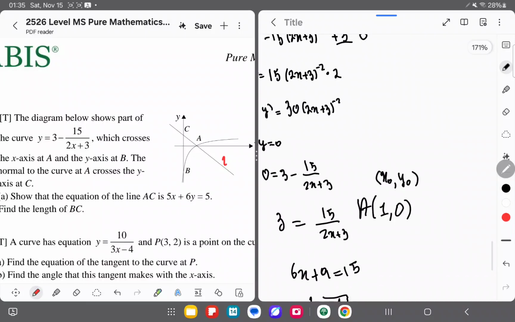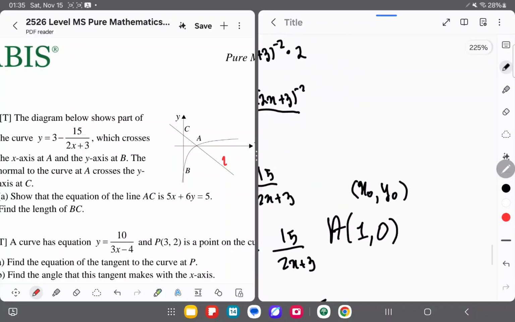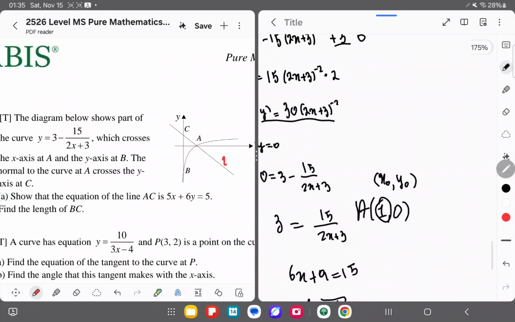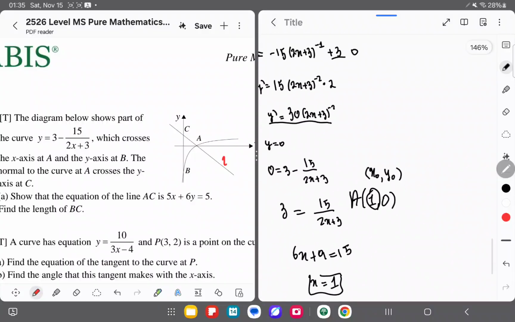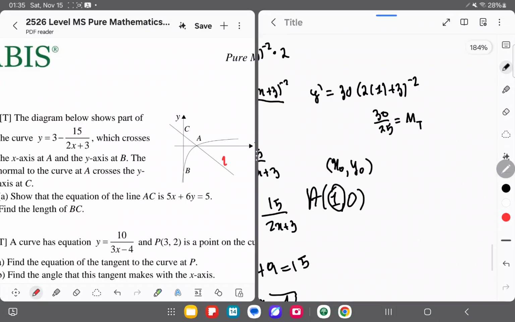Now we have the slope of the normal. We'll go back to the gradient, the derivative of y, and plug in this x coordinate so that we can get the slope of the tangent. So y prime is equal to 30 over (2(1) plus 3) squared, which is 30 over 25, so you get 6 over 5 as the slope of the tangent.